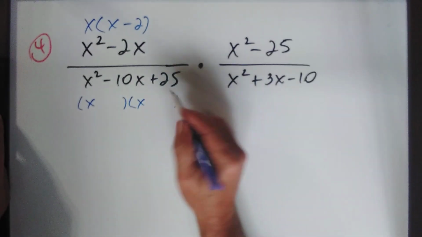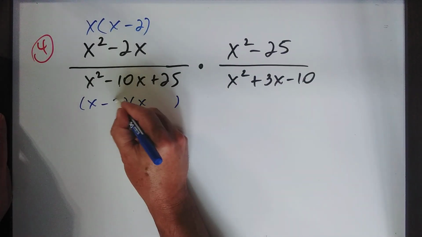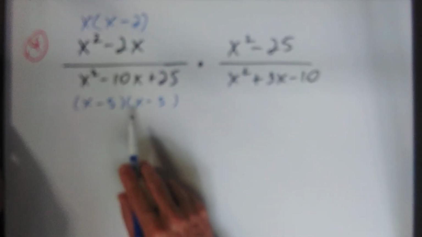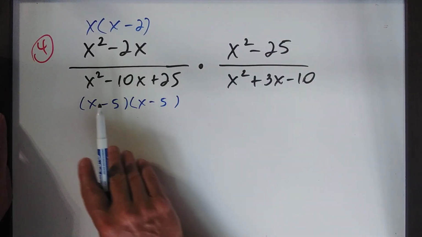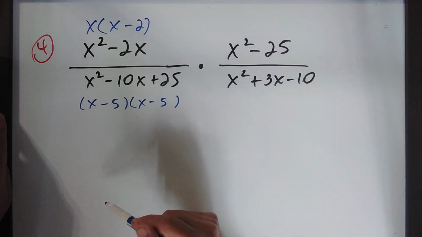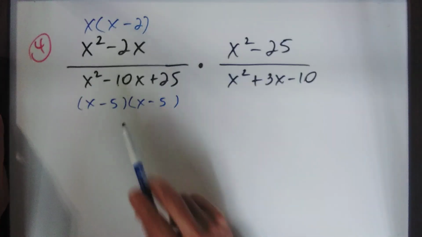Two numbers that give you positive 25 when you multiply and add up to -10, that's -5 times -5, or x minus 5 to the second. But I'm gonna leave it like that because I probably need it like this so I can take out the parentheses easily.